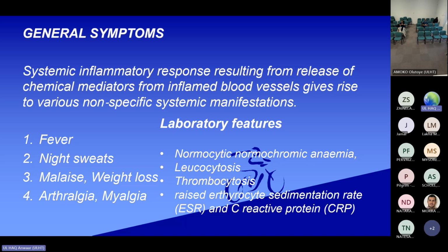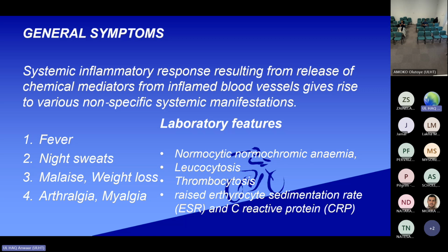The patient can have night sweats, also because of the ongoing inflammatory response, and can also present with malaise and weight loss. These are not very specific features, but they are general constitutional symptoms secondary to the ongoing inflammation in the system.